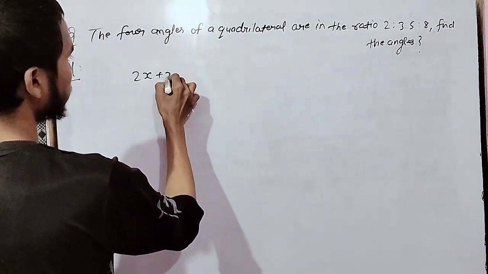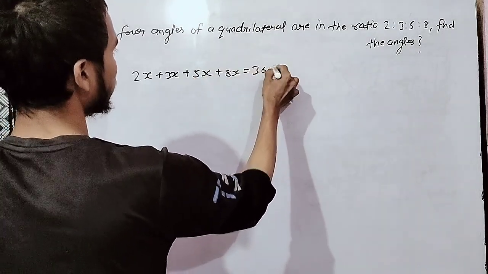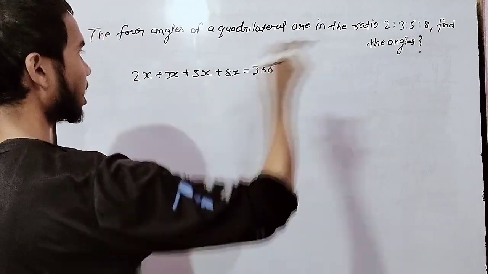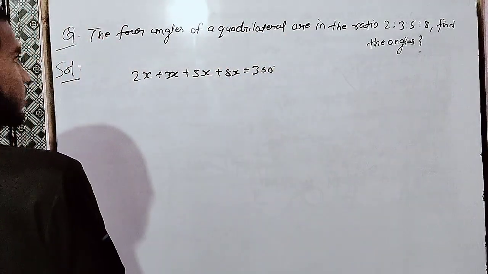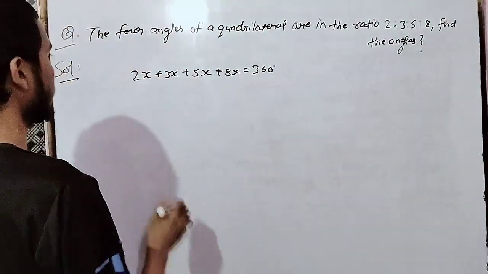So 2x plus 3x plus 5x plus 8x, the sum of four angles, is always 360 degrees for a quadrilateral.